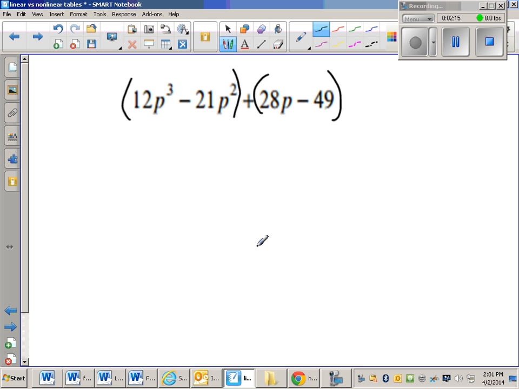So I haven't really done anything. I just put parentheses around the first 2 and put parentheses around the second 2. Okay, now I'm going to factor out the greatest common factor from each one.